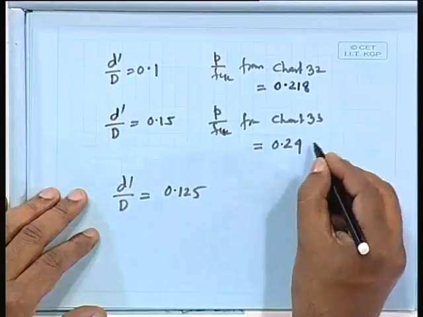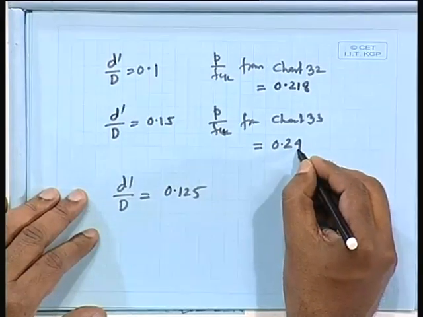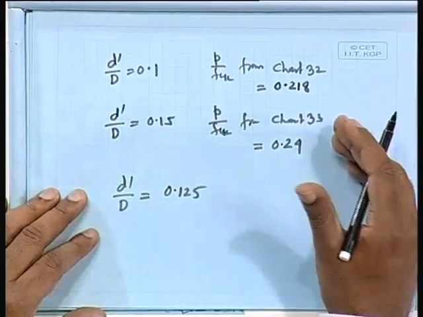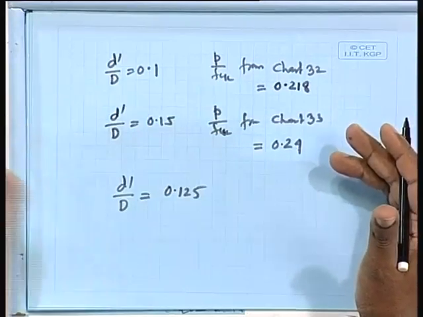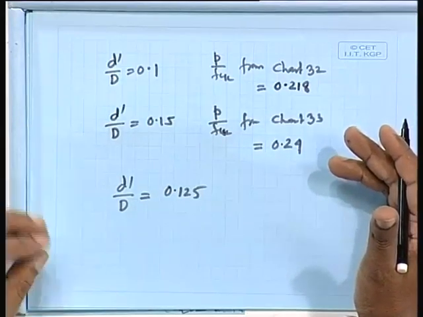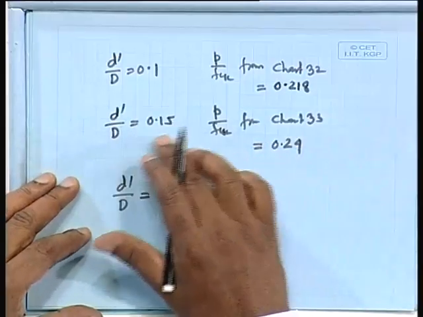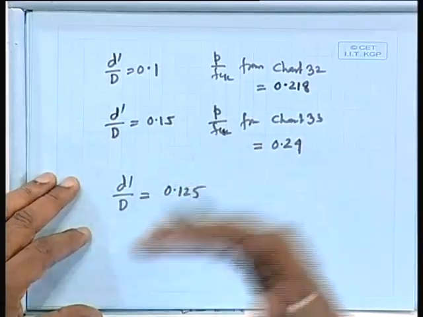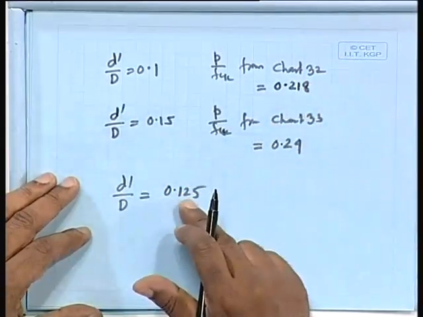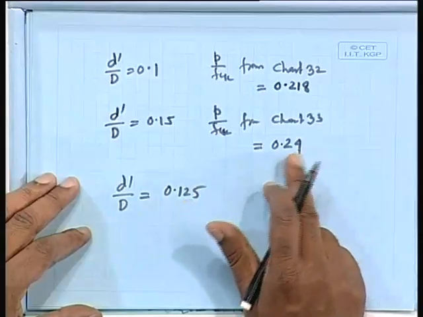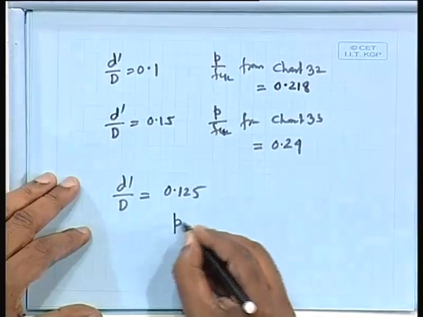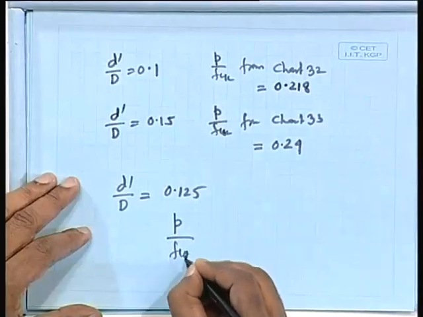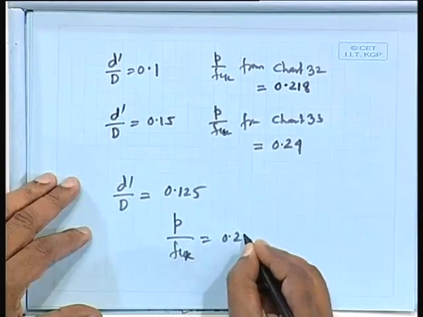So let us take chart 33, because we will be on the conservative side since we are not doing an interpolation. We are simply taking D dash by D 0.15. We shall always take the higher one. So let us find out how much it is. It is 0.24. So P by FCK equal to 0.24.